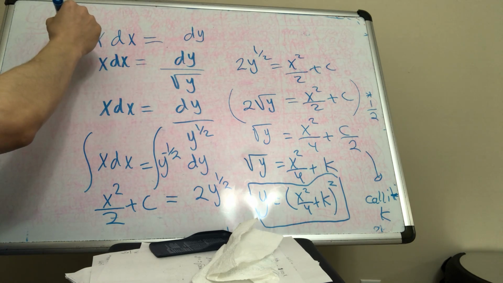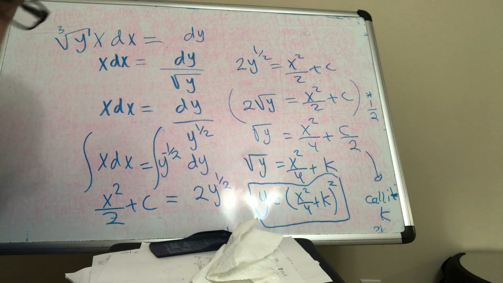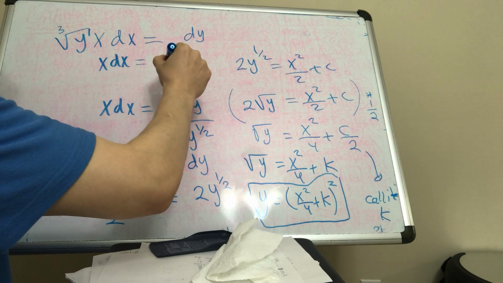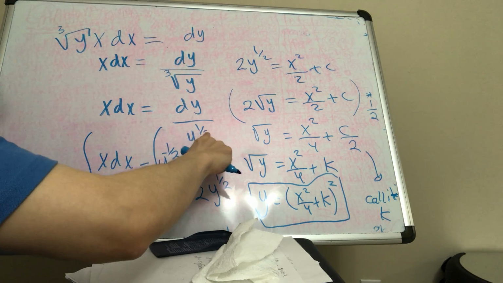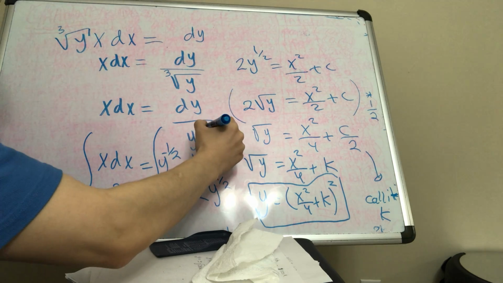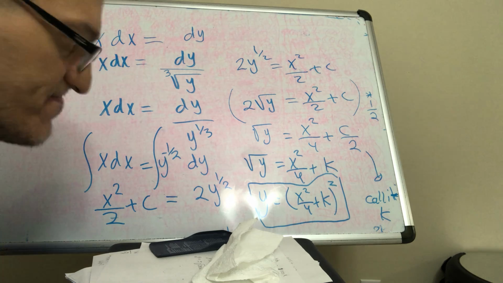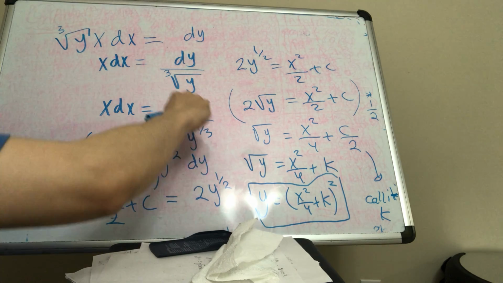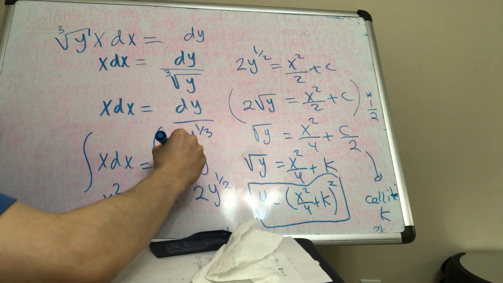What if he tells you this cubic root? So instead of square root, it's cubic root. So again, you move it to the bottom, and you know cubic root means to the exponent third. And you move it up, it becomes to the negative third.